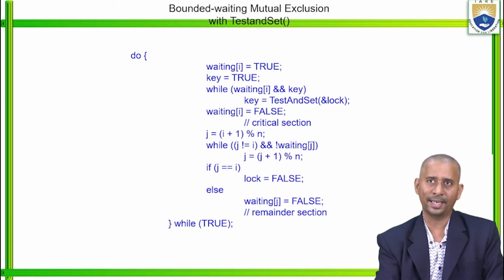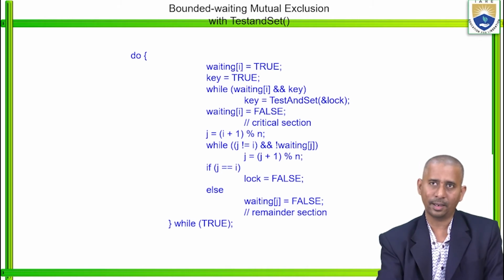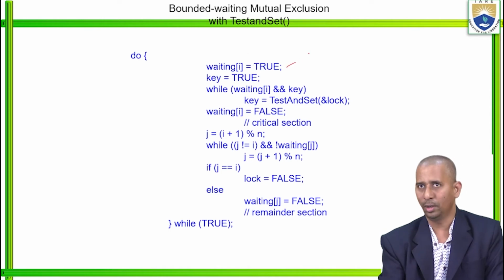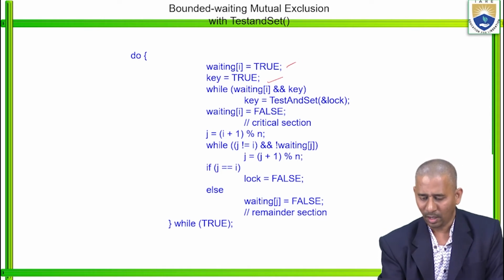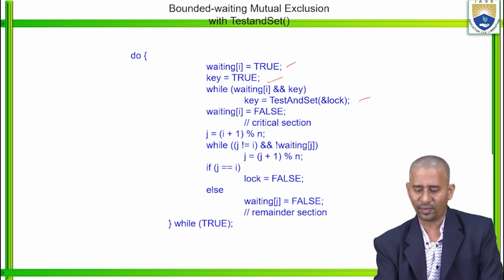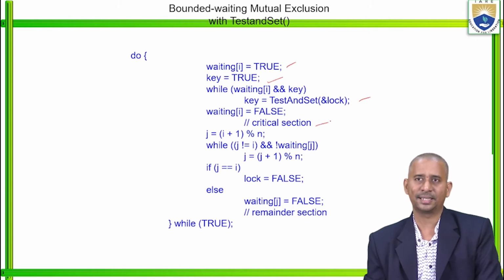That is happening here. Waiting of i equals true, then key equals true, while waiting of i and key, where key equals test and set of lock. Similarly, waiting of i equals false, that is, enter the critical section.